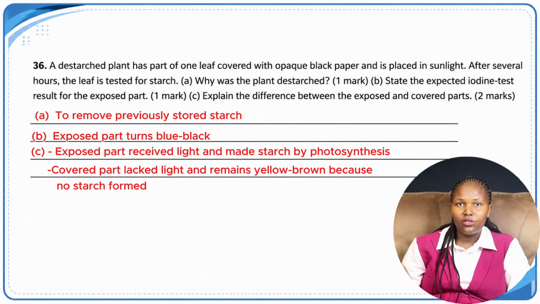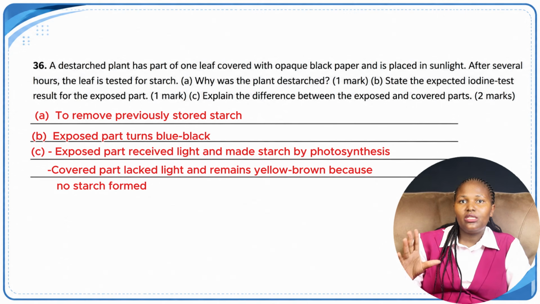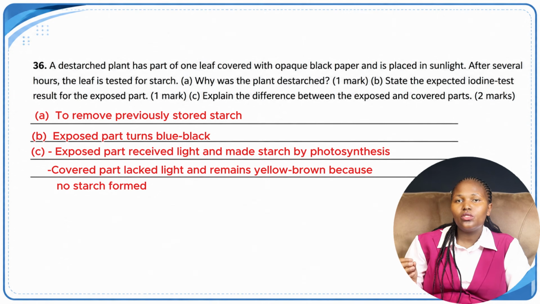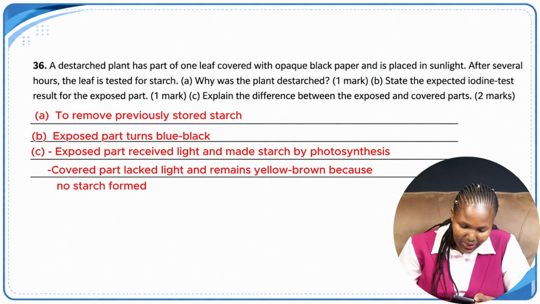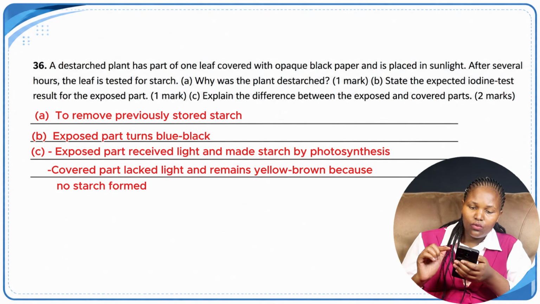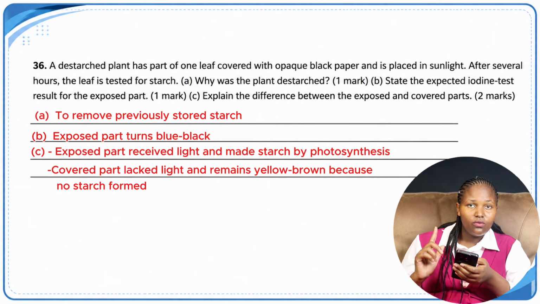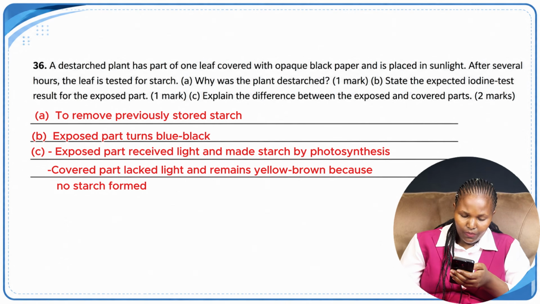You are going to explain that the part that was exposed made starch, it is green, and the one that was covered lacked light and therefore is going to remain yellow-brown. And if an iodine test is done, the one that was exposed is going to turn blue-black. That is the correct option. That is how we solve this question, and it is also very common, so it is good to study it.